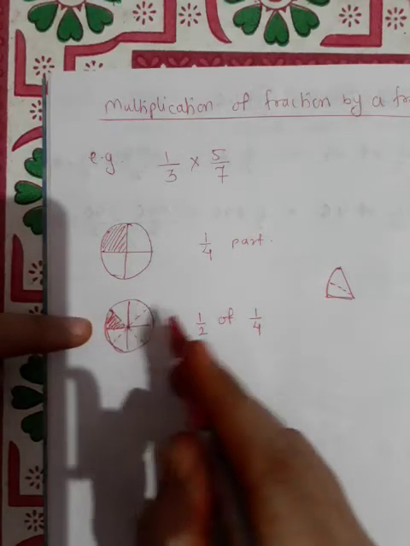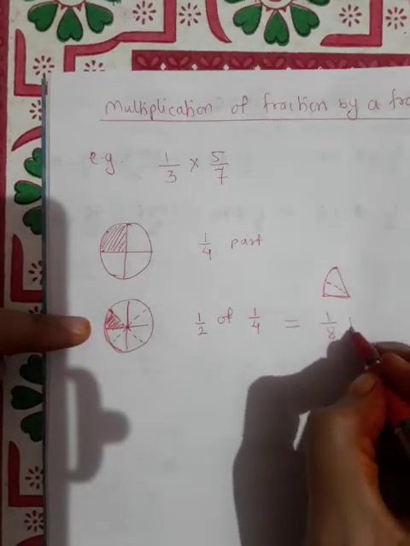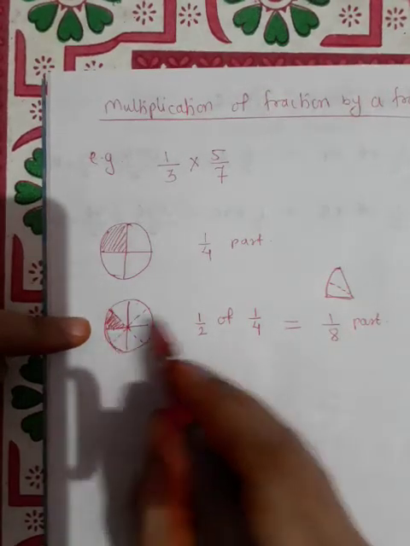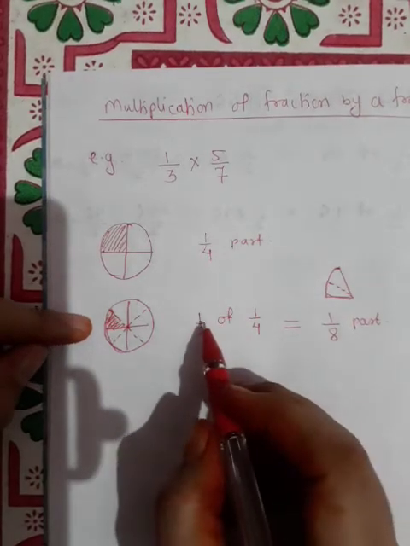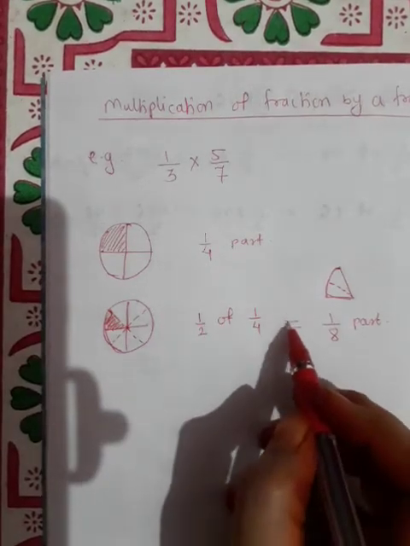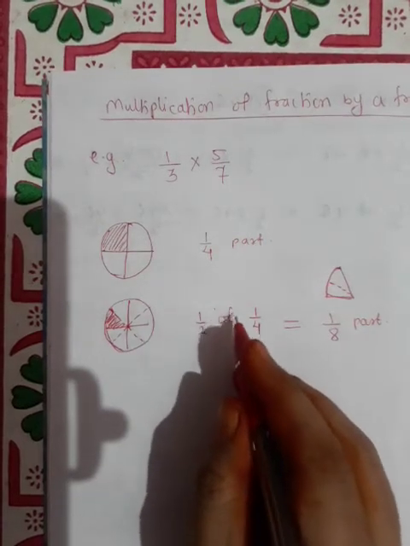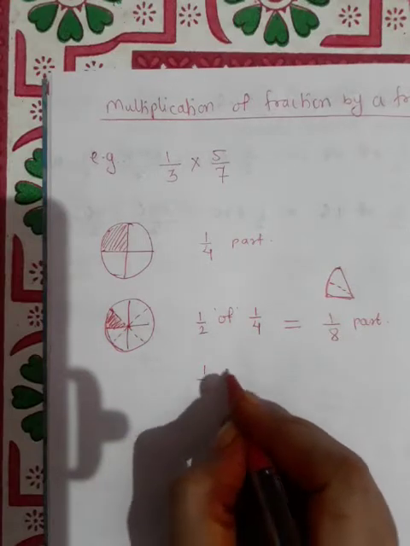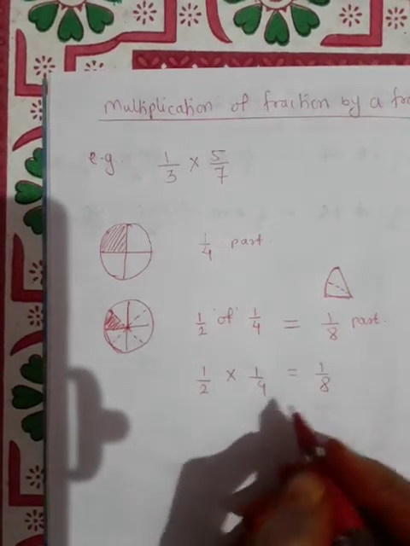So this shaded portion represents 1 by 8 part of this circle. That's why 1 by 2 of 1 by 4 means 1 by 8. And in the previous lecture we studied that of means multiplication, therefore 1 by 2 into 1 by 4 is equal to 1 by 8.